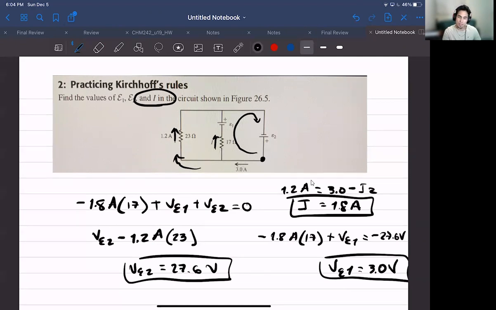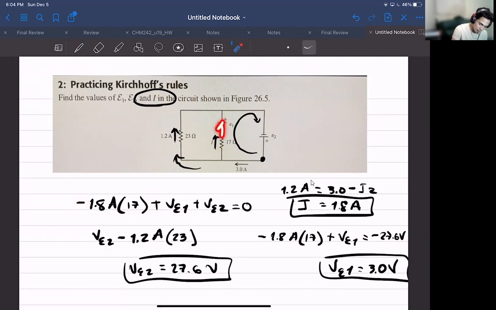Okay, that's great. So now how do we find the values for the batteries? We need to use the loop rule. In this case, I started at this point, but it could be any point of the circuit, and I know that the current is flowing in this direction, right? If I go in this direction, I'm going from an area of higher to lower potential, so I'm losing some of that, and this is going to be negative.